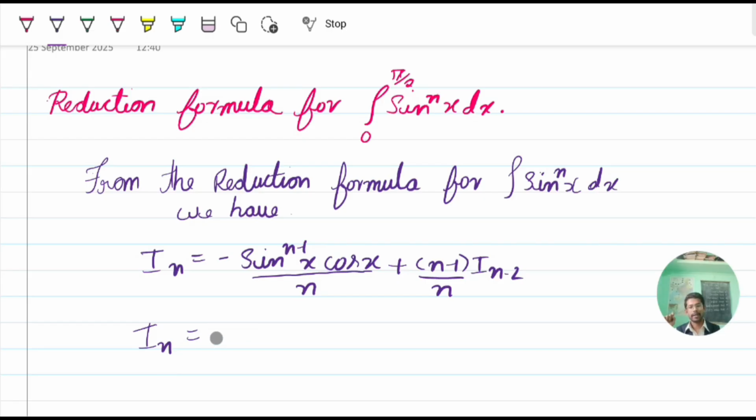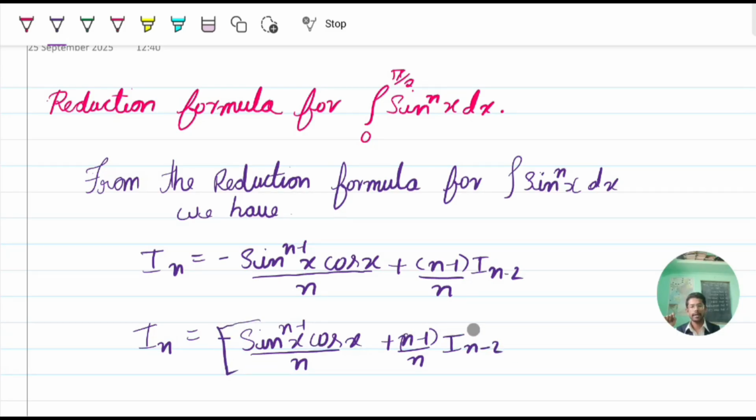Let us apply the limits for this integration, that is minus sine power n minus 1 x cos x divided by n plus n minus 1 divided by n into I_n minus 2. We have to apply limits 0 to pi by 2.